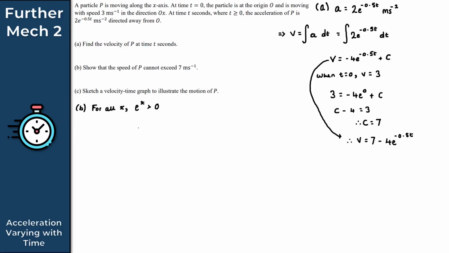So for all t, we can say that e to the minus 0.5t must also be strictly greater than 0. In that case, it follows that this result for v, 7 minus 4e to the minus 0.5t, must be strictly less than 7.